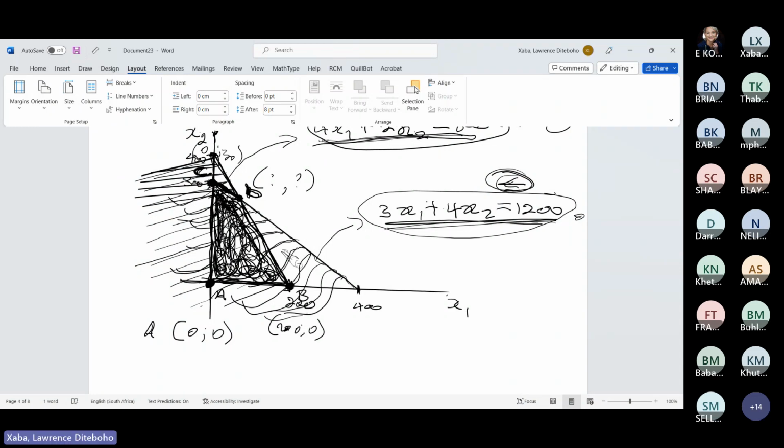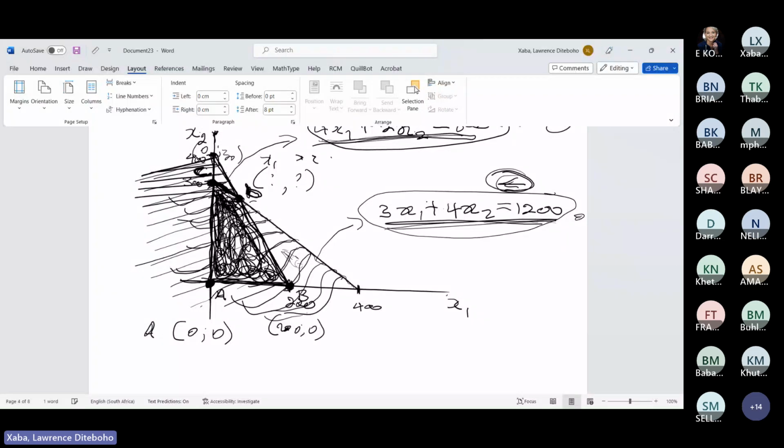Now we have to find this unknown point. For us to get it, there are two lines that intersect at that point. So to know the values of D, that represent x1 and x2, we have to take the two equations that intersect here.